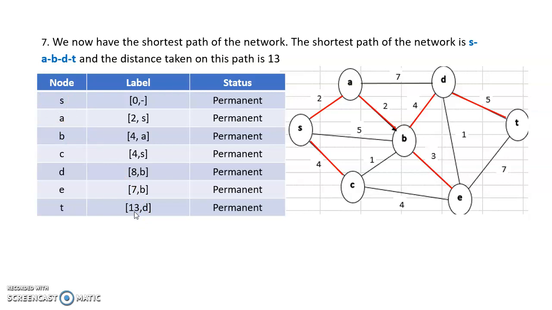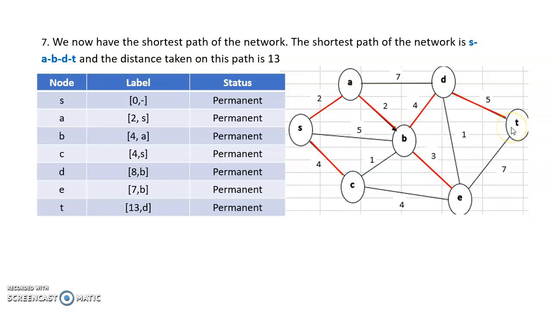So you have now defined the shortest path. Your shortest path is S to A to B, B to D, and D to T, with a total minimum distance of 13. You can define this path from the table also. See over here, your T has been reached from D, come to D, your D has been reached from B, come to B, your B has been reached from A, come to A, your A has been reached from S. Let's cross-check with the network again.